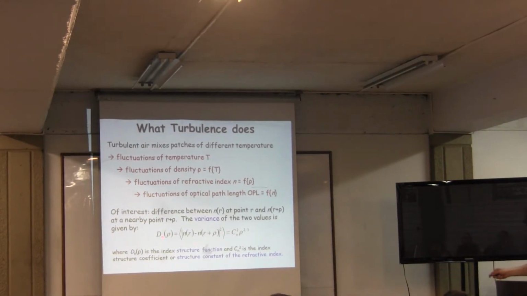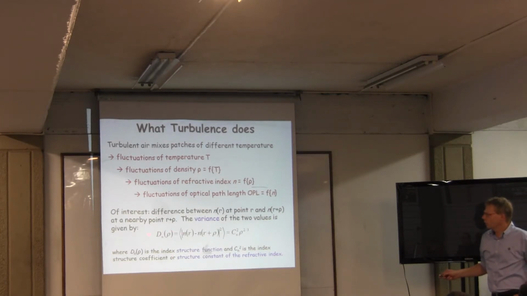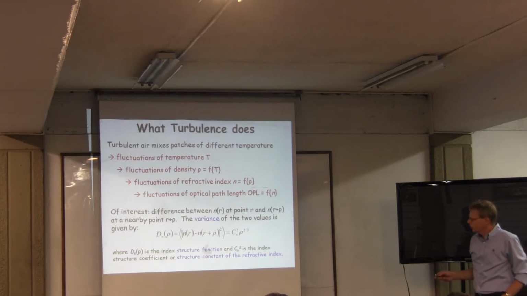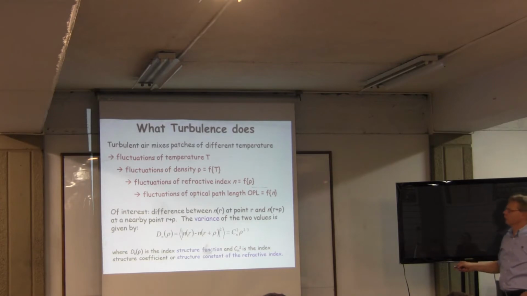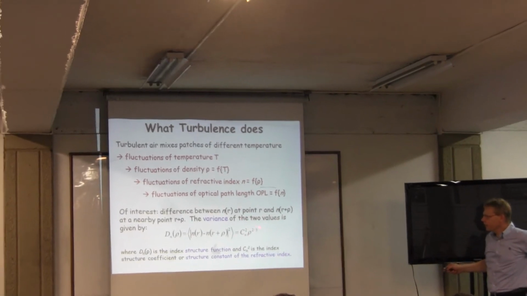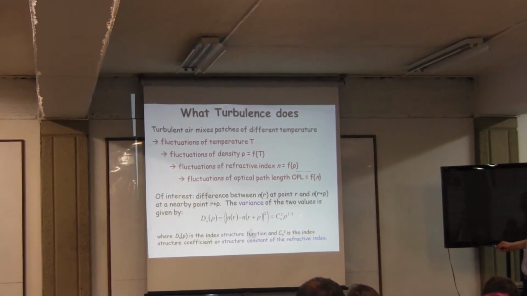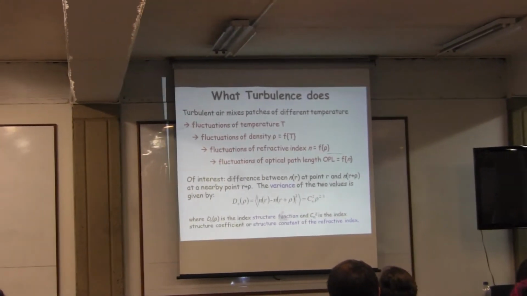And this can be measured actually. And then this quantity, the variance between the density fluctuations, the refractive index fluctuations, is called the structure function of the atmosphere. Or you can also call it the Cn squared profile. People talk about Cn squared, that's what's written there. Nicely called the structure constant of the refractive index.